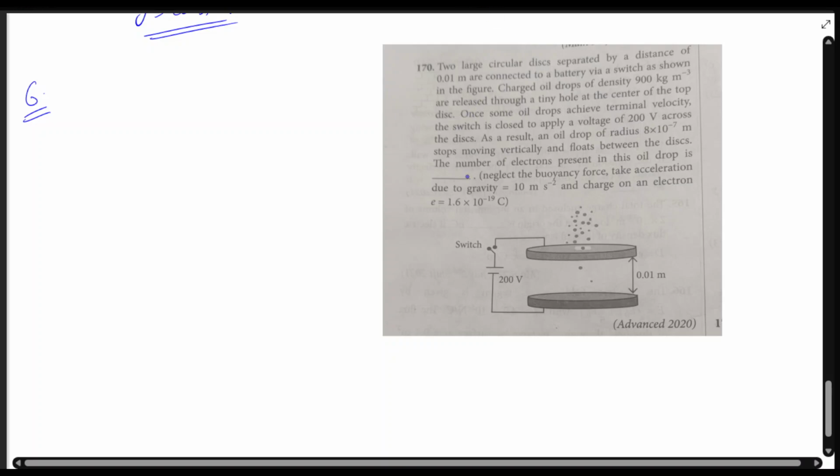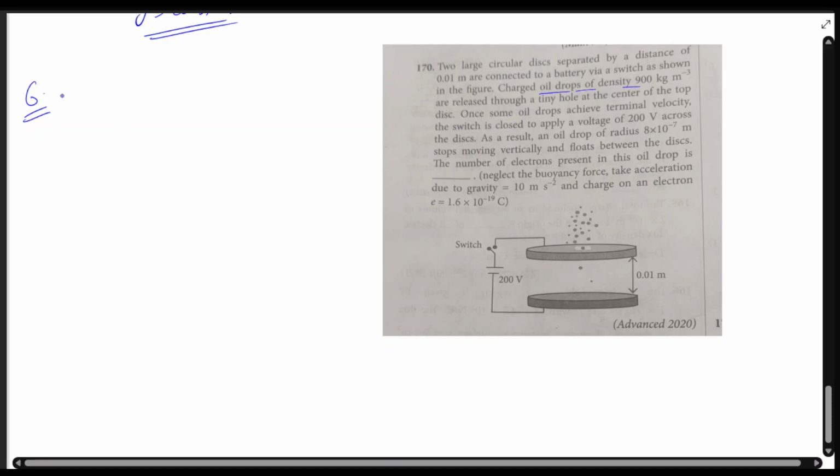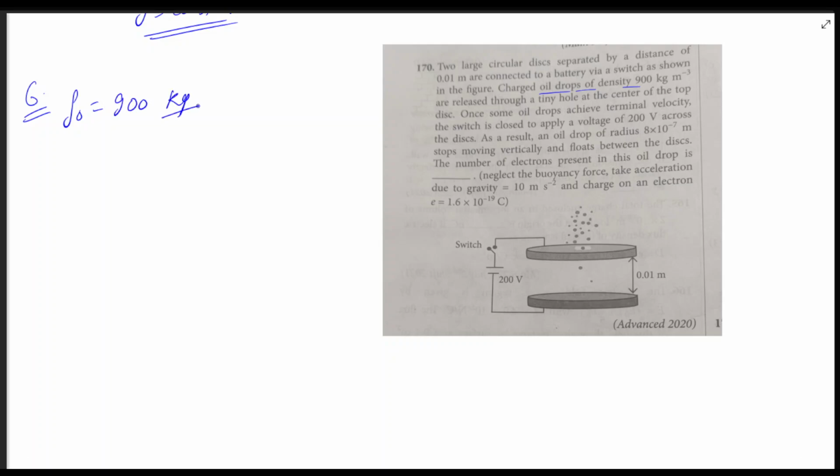Right. So here we have two large circular discs separated by a distance, okay? Charged oil drops of density, so density of oil is 900 kg per meter cube, are released at the center of this.